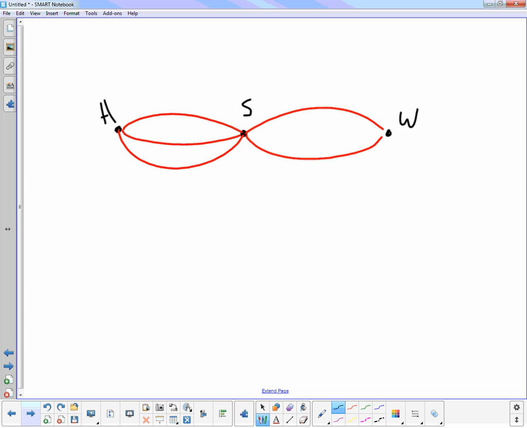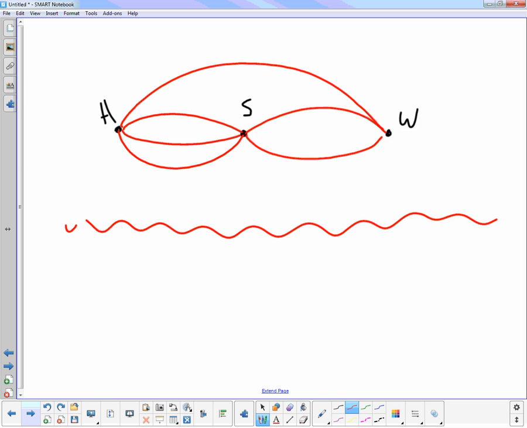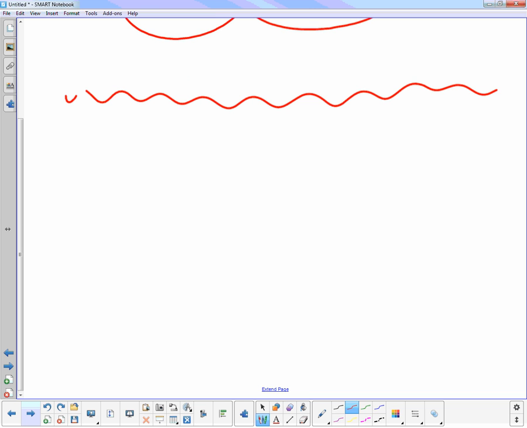But what if I did this? What if you found a shortcut? Now how many ways? 7. So that was added to my total, right? So what if I gave you something like this?